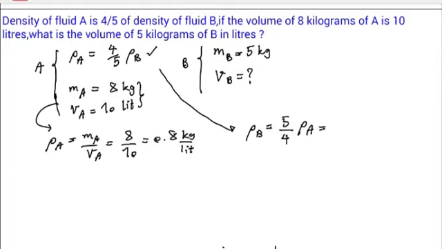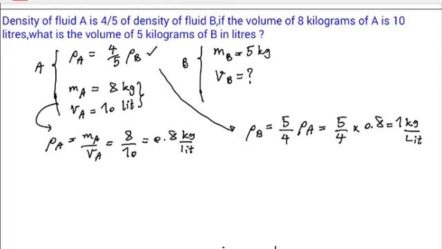So rho of B is equal to 5/4 of 0.8 kilograms per liter, which is equal to 1 kilogram per liter. So we could find the density of fluid B. Its density is 1 kilogram per liter.